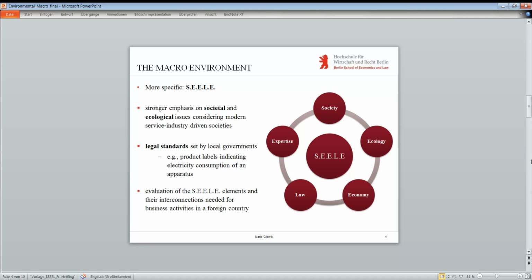The study of market entry abroad necessarily assumes the recognition and understanding of the respective environmental macro structures. A firm that plans business activities in a foreign country needs to collect and evaluate necessary information based on the SEELE elements and their interconnections.